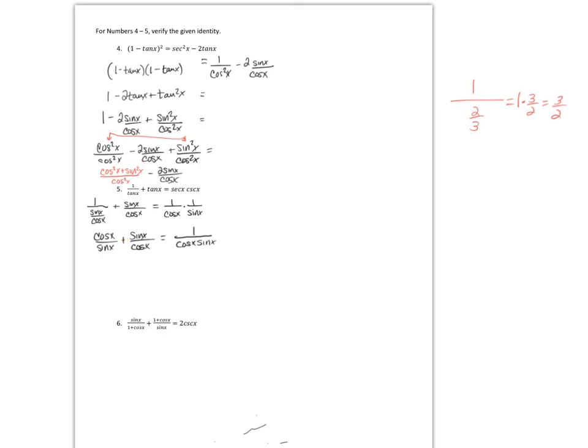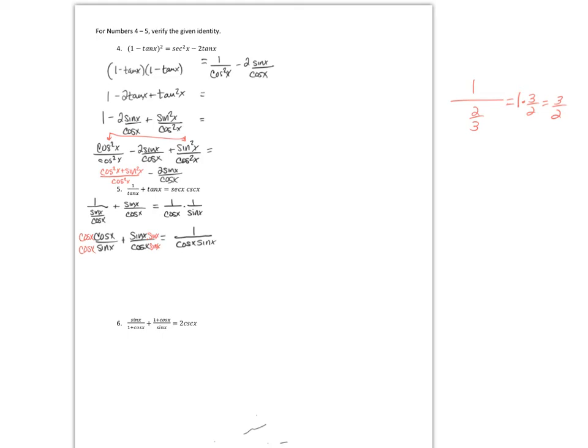So this fraction on the left, the cosine over sine, needs a cosine in the denominator. So I'm going to give him a cosine of x right there, and we're going to give him a cosine in the top. And this guy, again, I'm doing this kind of tight for space because I'm running out of space here, but this guy needs a sine in the bottom, so we have to give him a sine in the top.